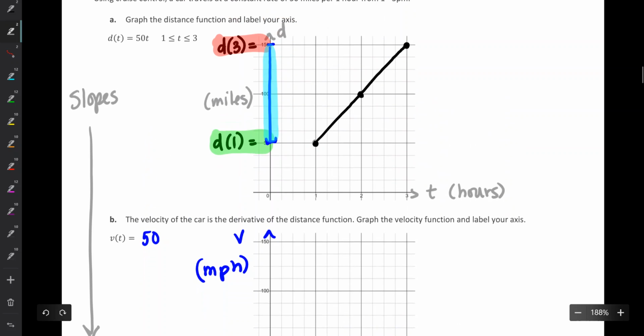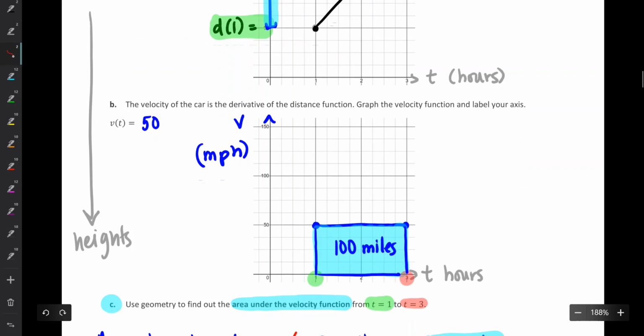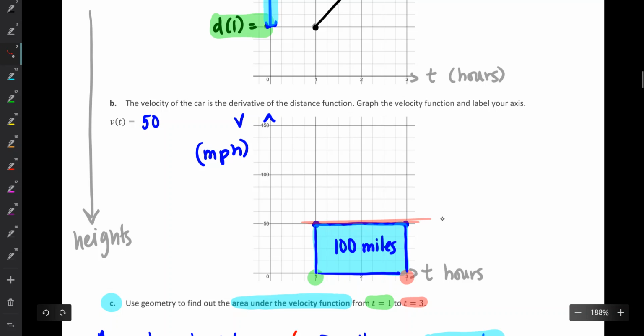When you sketch a graph of the derivative, you're going point by point and saying, what is the slope of the tangent line there? Here we have a nice example where the slope is always 50, which is why when I'm graphing the slope, the velocity is always 50, just doing it over a particular interval.